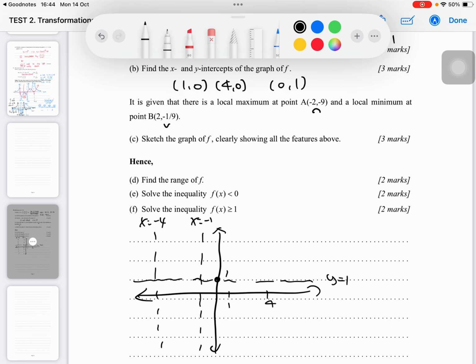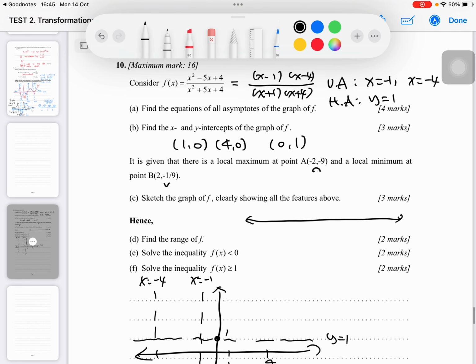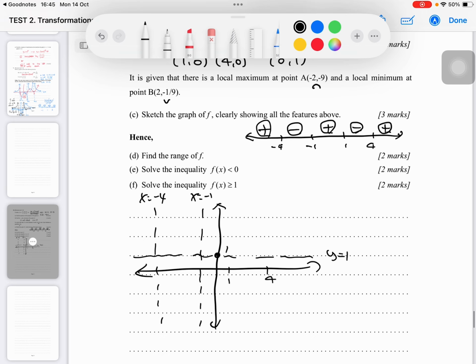So now we need to draw the graph, but we need to analyze these sign changes. -4, -1, 1, 4. If we put in a 5, then it's positive. All of them have multiplicity only 1. So all change the signs. So plus, minus, plus, minus, plus. So on the left side of -4, plus.